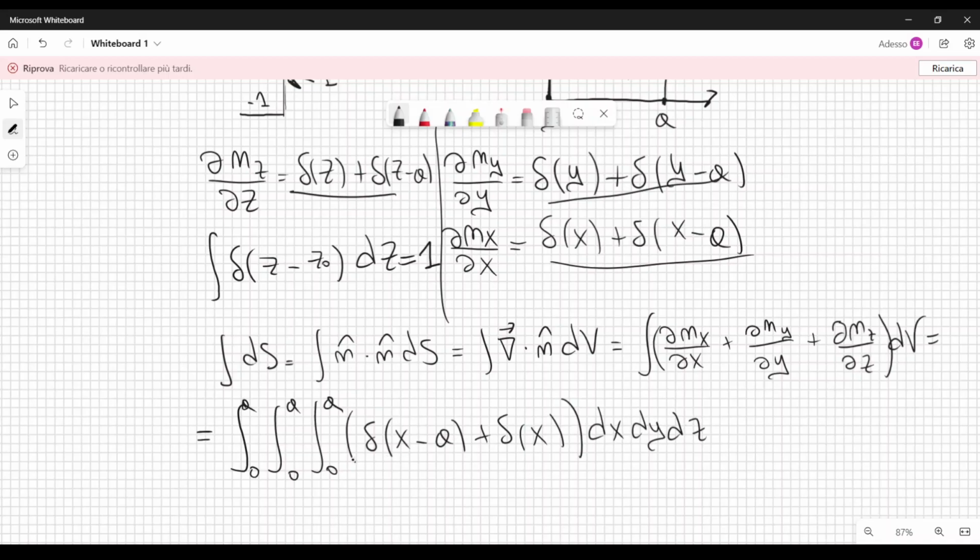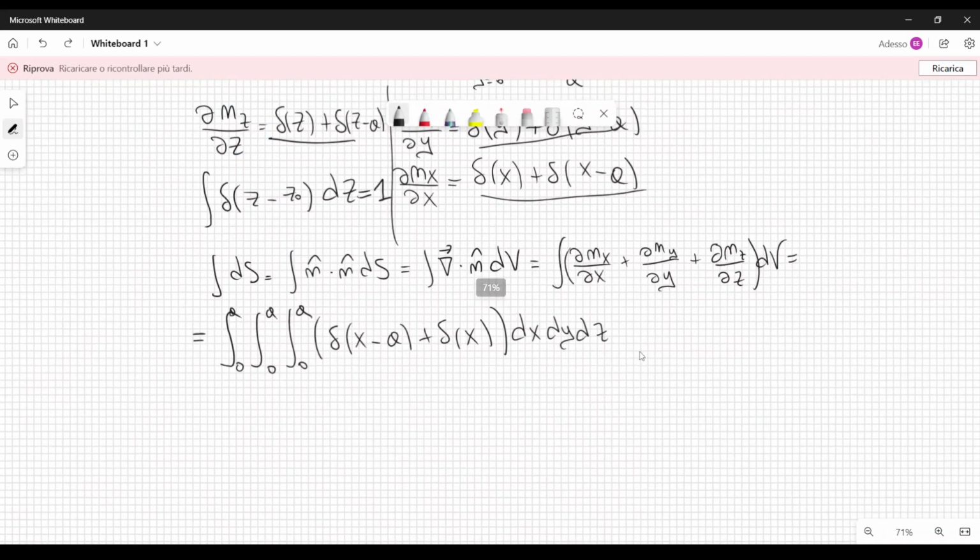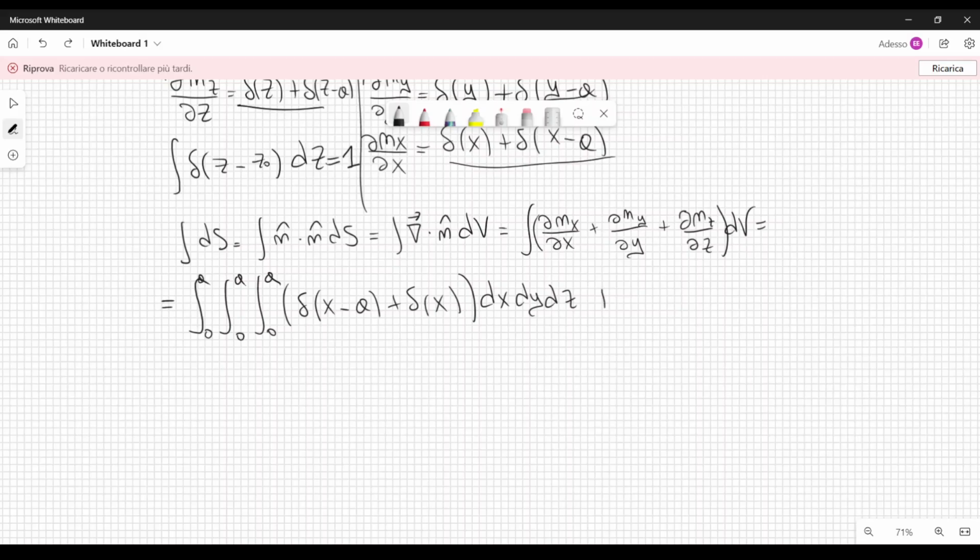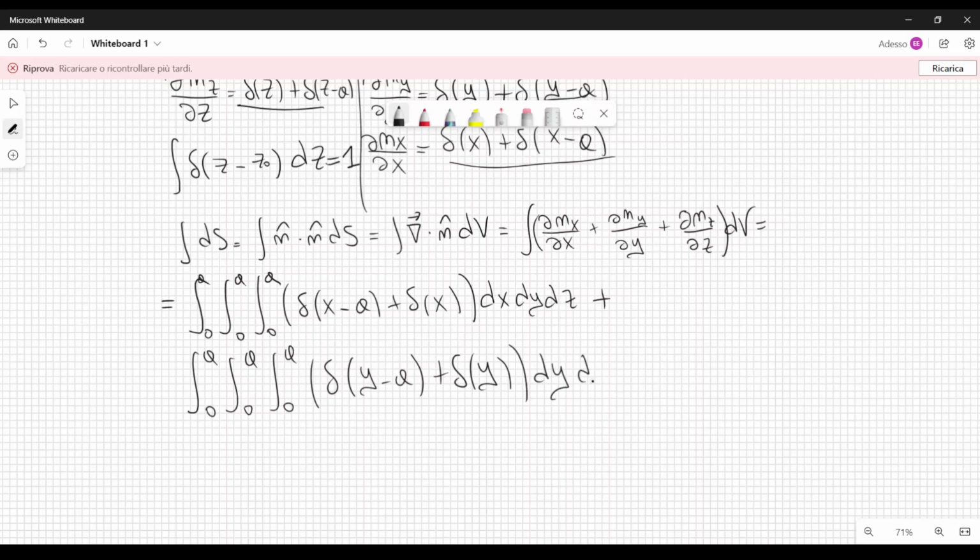So this first one I will integrate over x first, and then I have plus integral from 0 to a, integral from 0 to a, integral from 0 to a of delta of y minus a plus delta of y, dy dx dz.